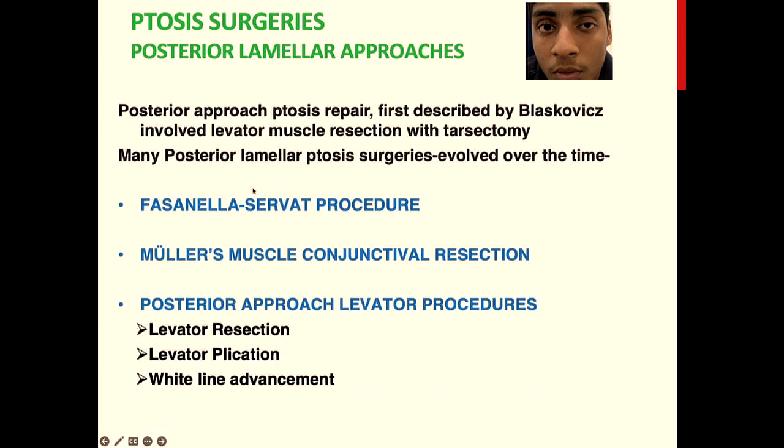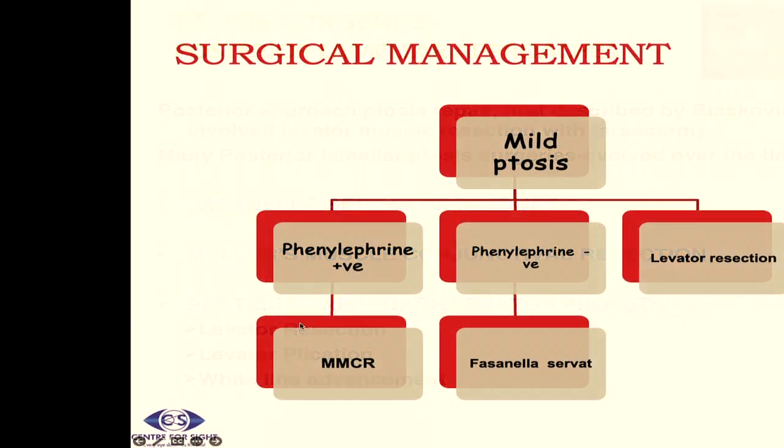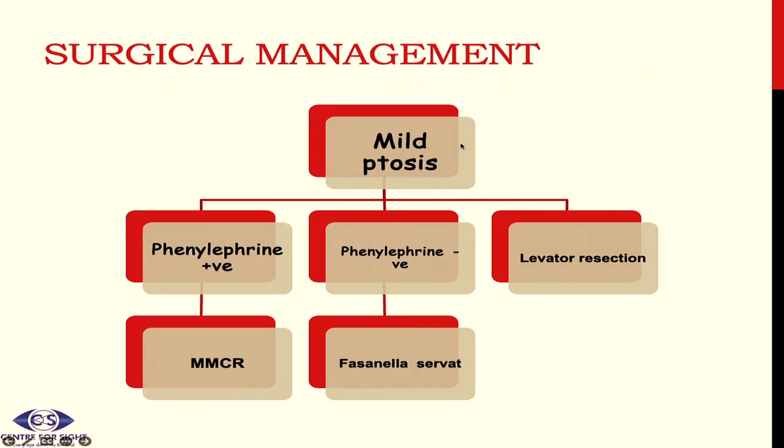Primarily, I shall be discussing the first two procedures, because levator surgery is generally, I believe, still done by most people from the anterior approach because of some significant advantages. For mild ptosis, the procedure of choice, no doubt, is the posterior approach. Here we do the phenylephrine test.